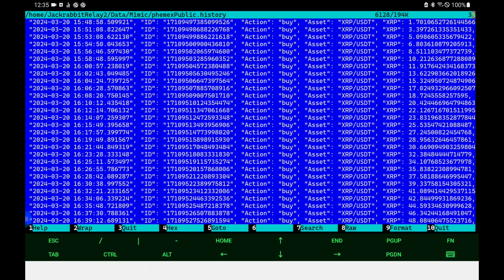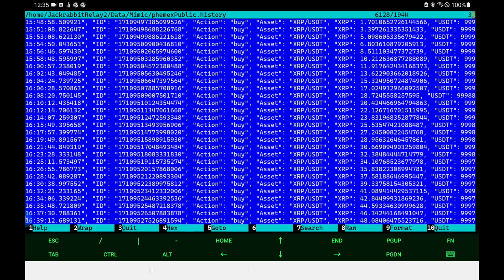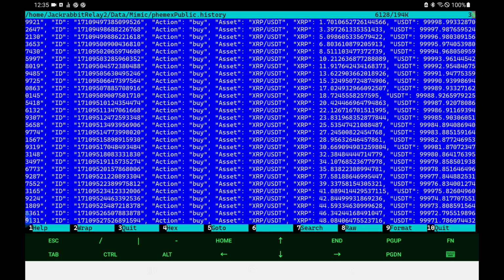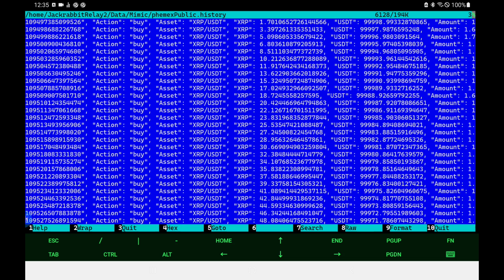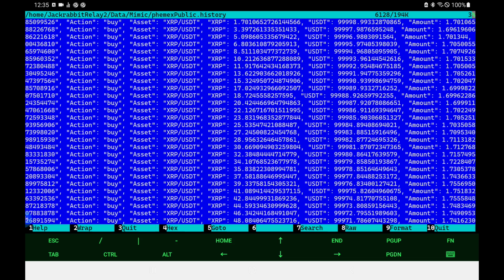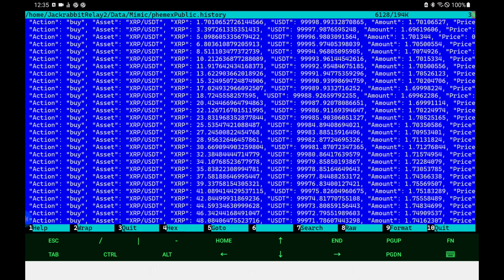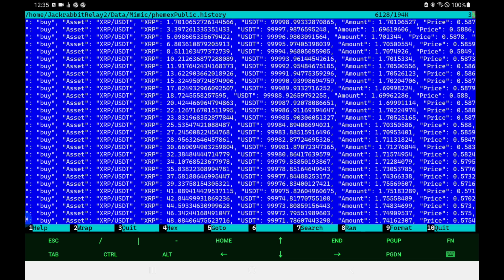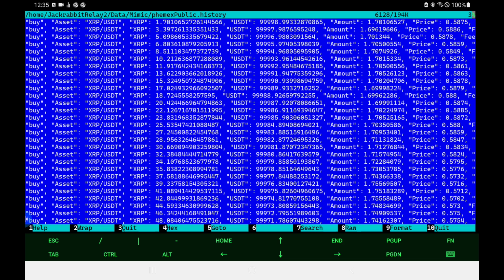Okay, now that we are back into the system, let's go look at XRP. This is the test that I am actually buying once a minute no matter what. So once a minute trade. Not the best strategy, but that's the whole point of this process.